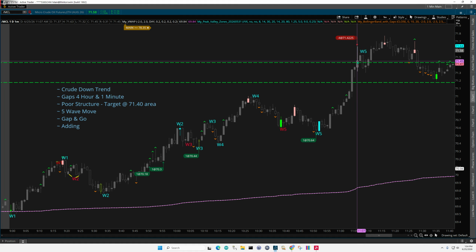I sold like 2 at 71.40, 1 at 71.44, maybe 1 at 71.45.